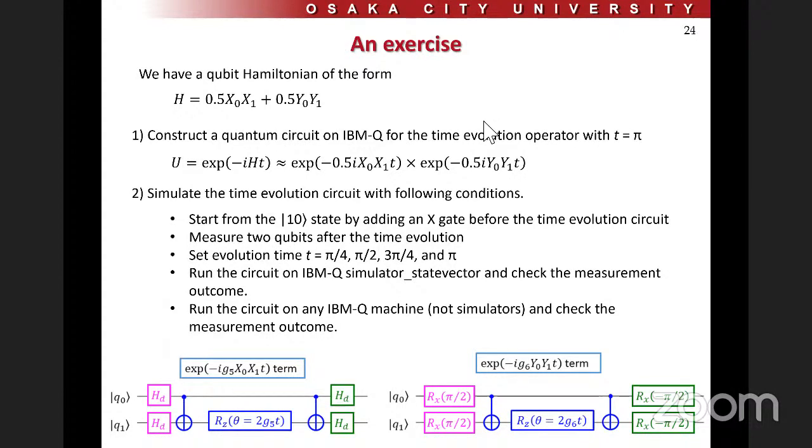I request the Zoom participants to ask questions, if any. In the meantime, I'll also check the YouTube screen. Seems like there are no questions as of now.